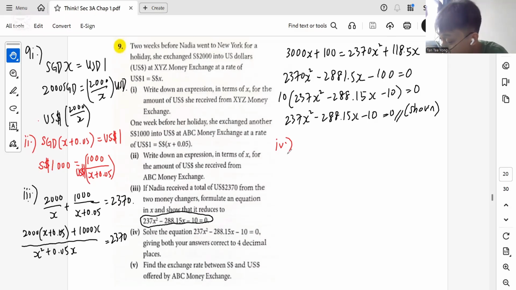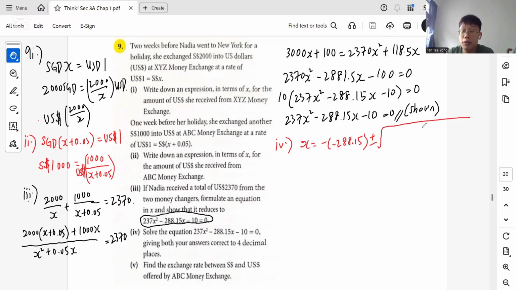So x equals negative 288.15 plus minus square root of negative 288.15 square minus 4 times 237 times negative 10, over 2 times 237.